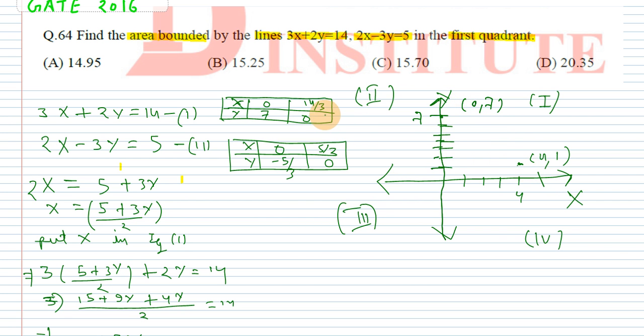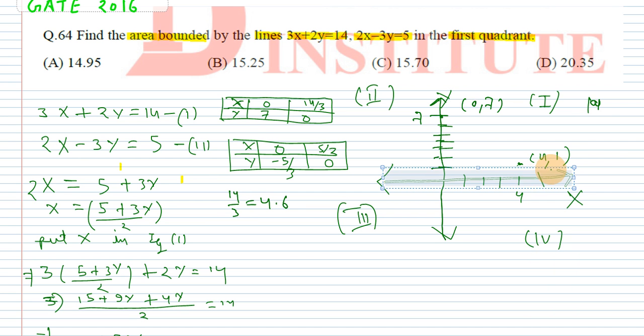Okay, and there is one more point, where y equals 0, that is 14 by 3. So 14 by 3 is how much? If we do 14 by 3, it is coming to be 3 fours are 12, we will be left with 2, so that will become 4.6. 4.6 will be coming over here.